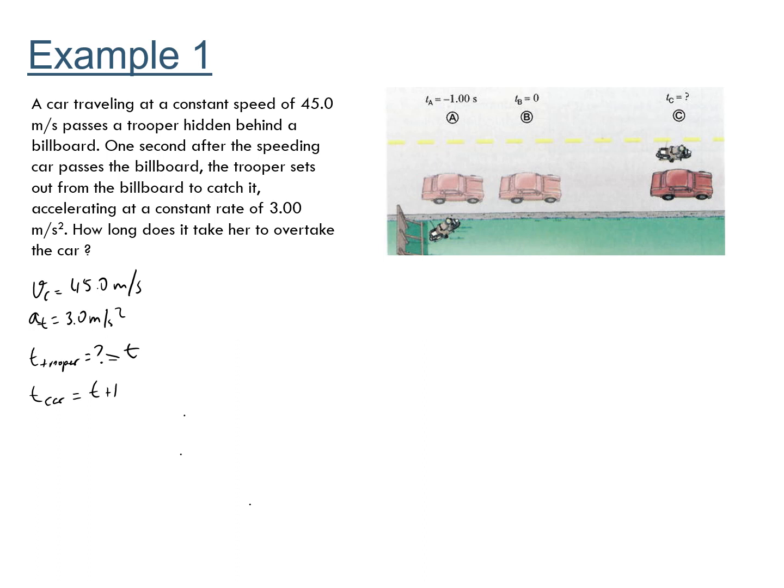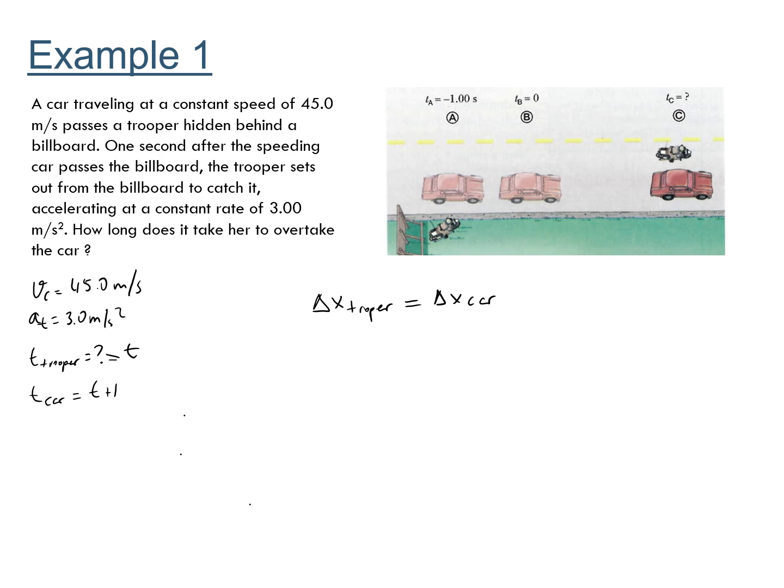So we will use this information to set their displacement from the billboard equal to each other. So displacement for the trooper is equal to the displacement of the car. Now the trooper has a constant acceleration, so we need to use an appropriate equation for it.